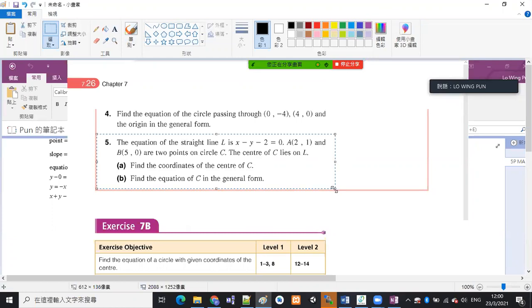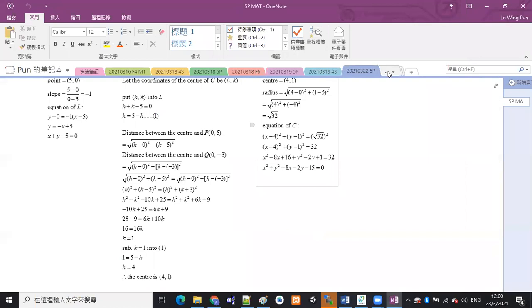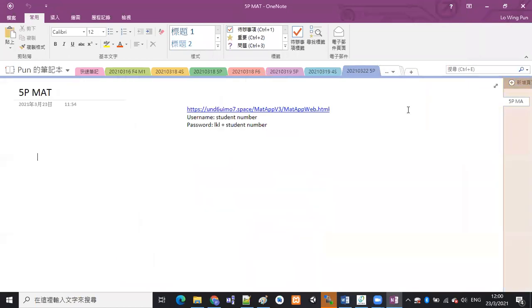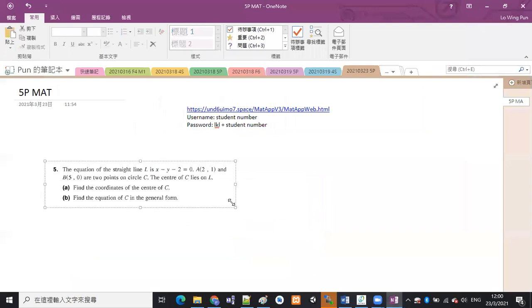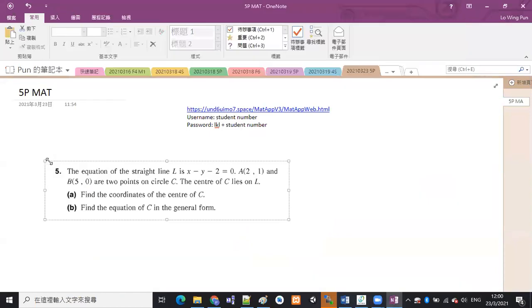That is the second question of the last classwork, the classwork of yesterday, which is instant drill corner on page 7.26. Just do question number 5 together.